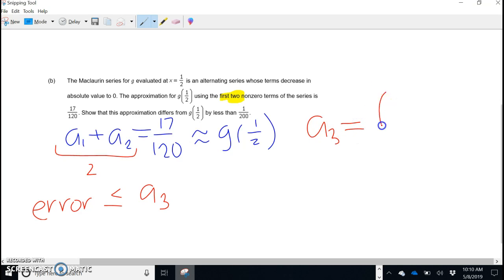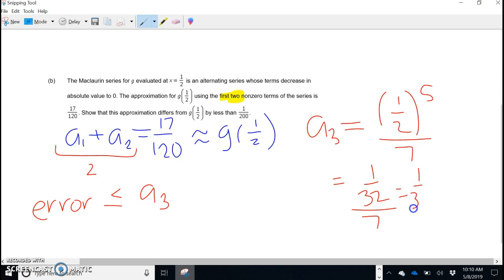So x to the 5th, that's going to be a half to the 5th over 7. Well, 1/2 to the 5th, I promise, is 1/32 over 7. That's 1/32 times 1/7.